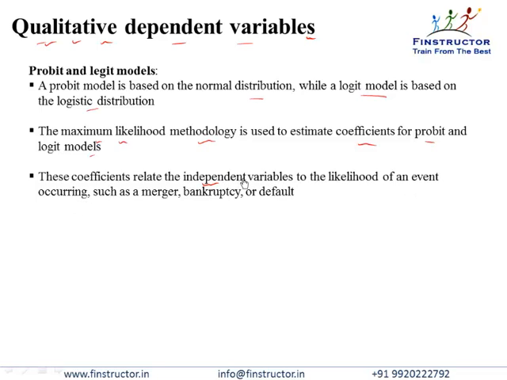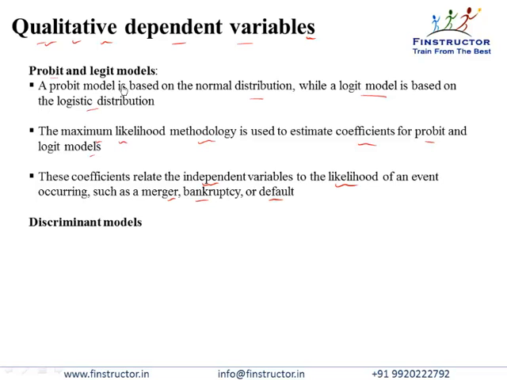So we will have the price earnings ratio, the market cap, the competition in the industry as independent variables, and then we'll try to compute some likelihood or some probability of a qualitative result. For example, a merger happening or a bankruptcy or a default happening with these likelihood models. So that's one way of trying to quantify qualitative outcomes using regression models.